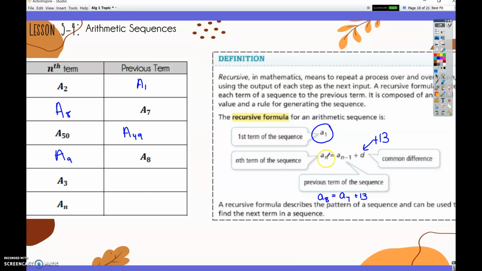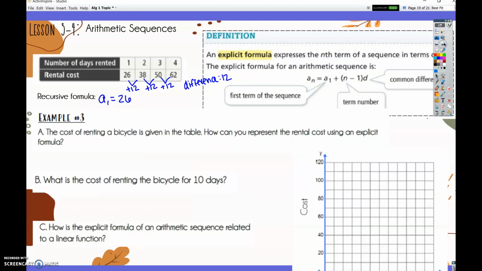Then if you want to get any day that you want to rent the bike, say day 8, you would need to know day 7's information and add the amount on for each new day's rental. So in our case, we would say a sub n, any number of days you want to rent the bike, would be equal to the amount it was to rent the day before, plus 12.